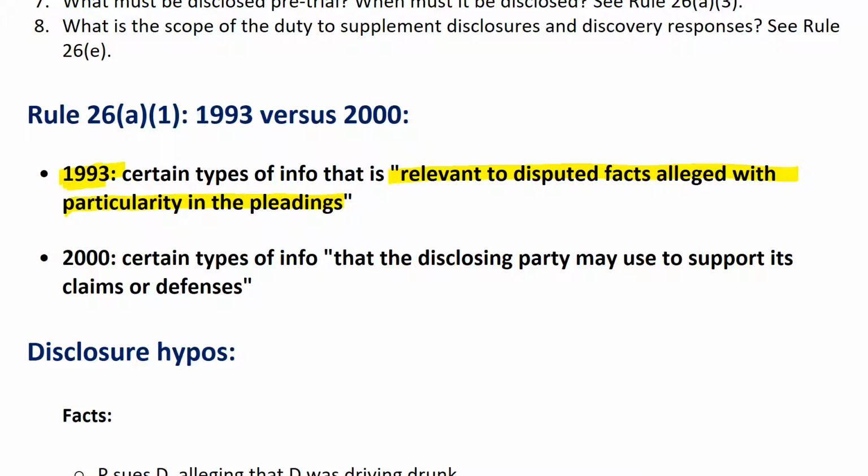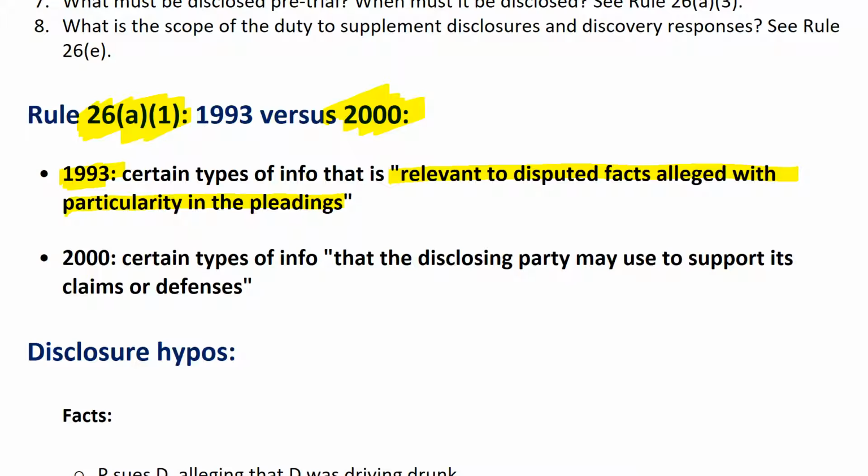Well, a lot of lawyers objected to that because that would require lawyers to disclose information that would hurt their clients. So back in 1993, under this version of the disclosure rule, 26A1, local district courts were allowed to opt out of that, and a number of them did. But in 2000, the rule became mandatory for all district courts, but the scope of initial disclosures was narrowed.